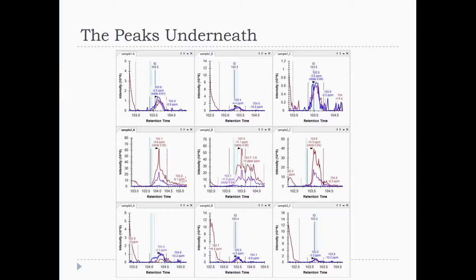Skyline shows you these blue stripes, which are aligned ID times. They're ordered the same way as in this plot, 3x3, 9 samples. Who can tell me how many of these runs we identified this peptide in?